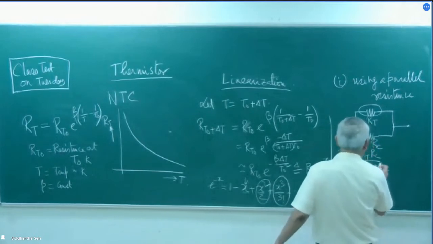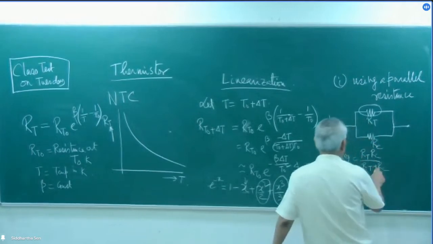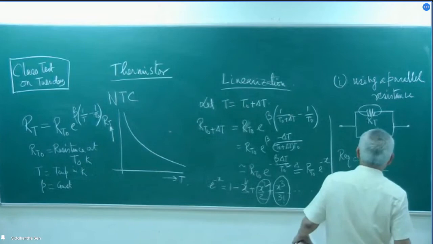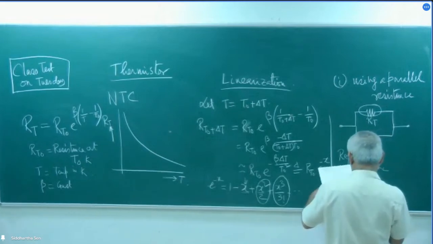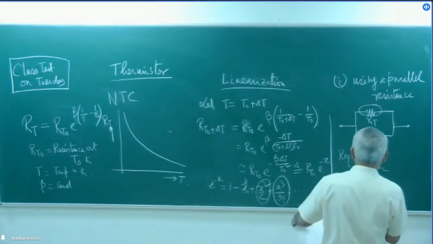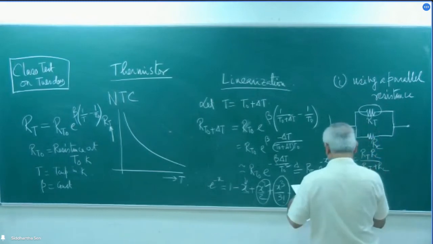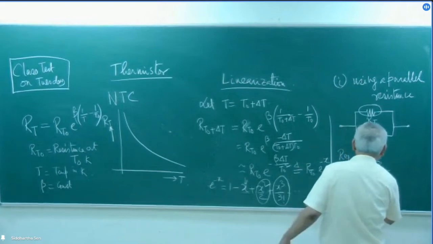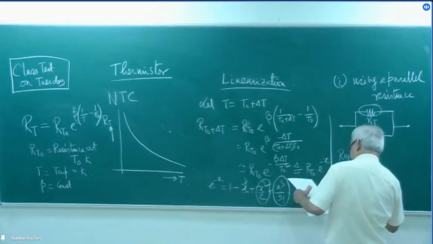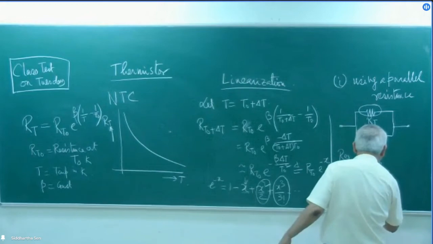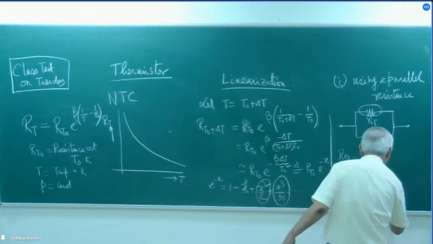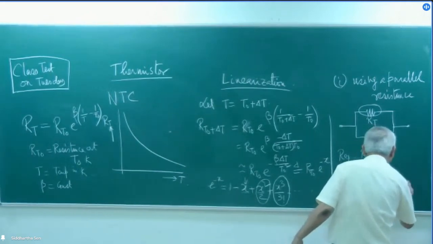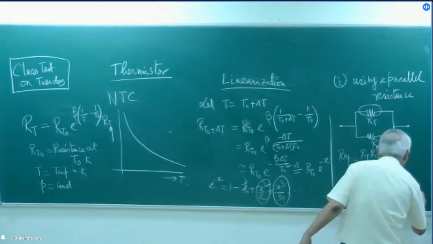If we take the derivative of this term with respect to the temperature and simplify, we get RC divided by RT plus RC, whole square, into dRT by dT.